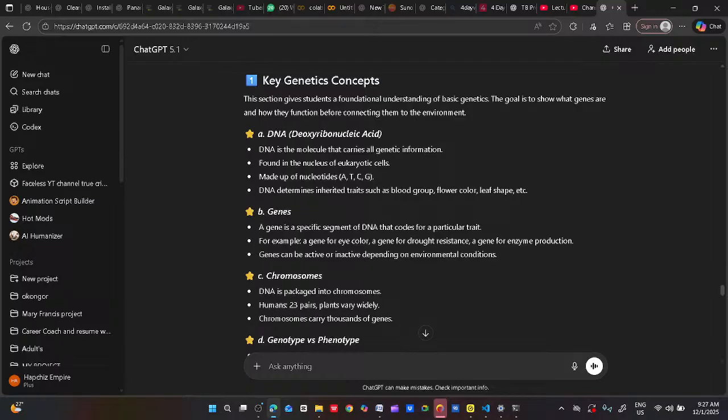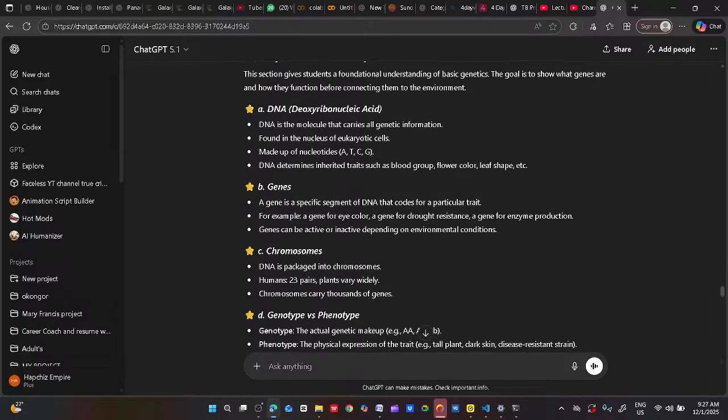You should know at this point that DNA is deoxyribonucleic acid. You have to go back to your cell biology to see this. It is found in the nucleus of eukaryotic cells.